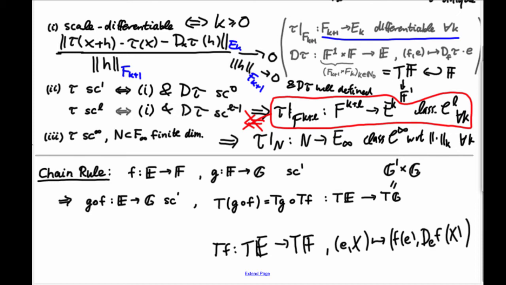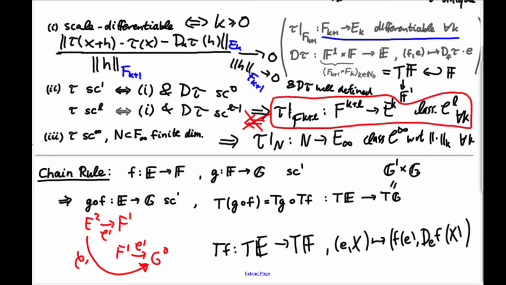Because say E2 to F1 would be C1, and F1 to G0 would also be C1. So you can use your classical chain rule to see that the composition is C1.